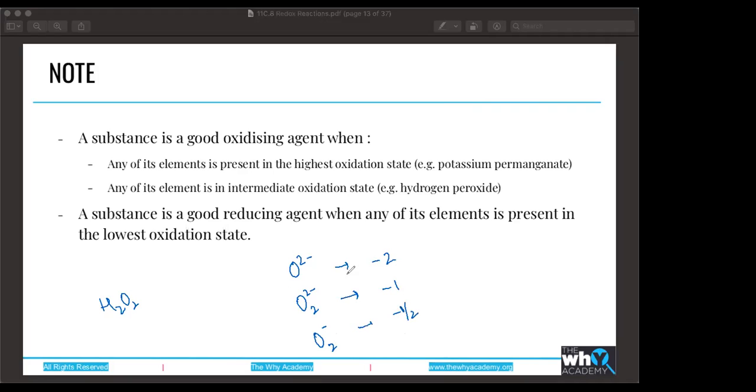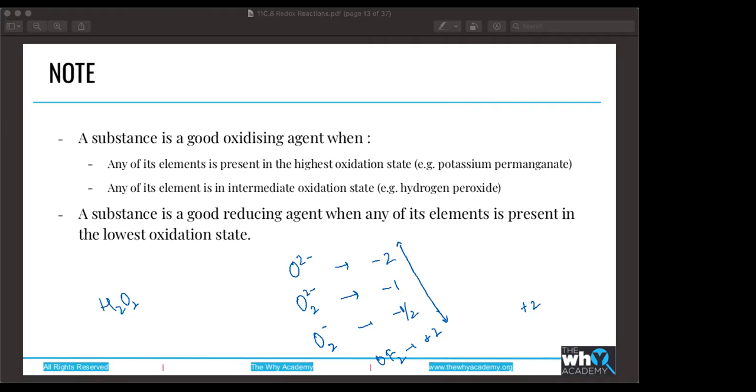And of course, when it is bonded to fluorine, it takes +2. So oxygen can take values ranging from -2 to +2. If it is in OF2, then it takes +2. But otherwise it is ranging from -2 to +2.